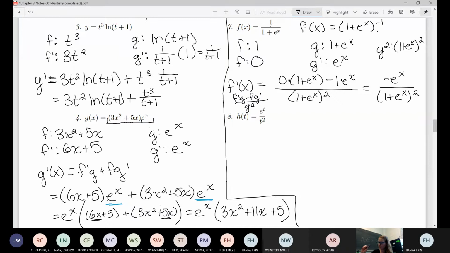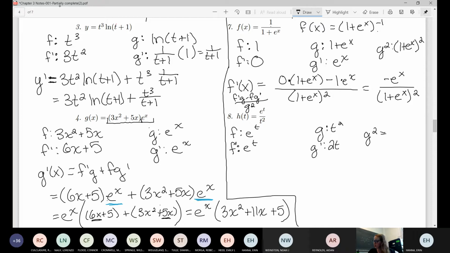For this last one, we have that essentially our numerator is e to the t, denominator is t squared. So we have our f and our g. So f prime would be e to the t and g prime would be 2t. Oh, it's lagging a little bit. There we go.